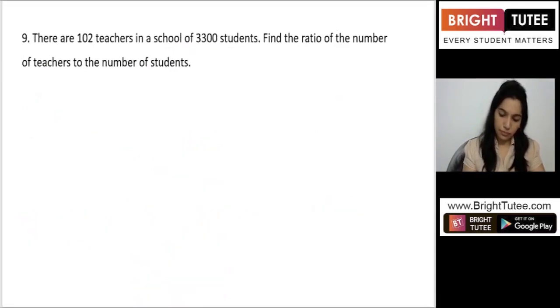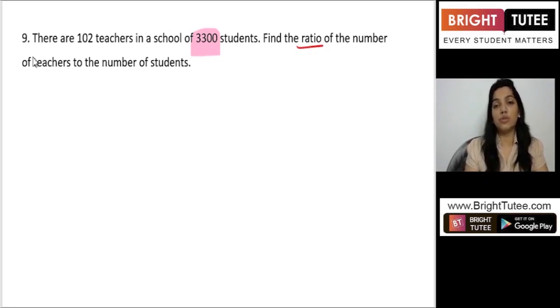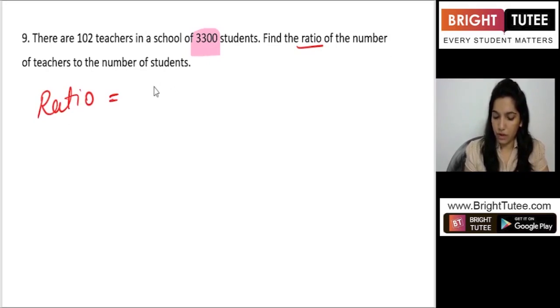Now here, let's do the ninth question. It says there are 102 teachers in a school that is having 3,300 students. What do we need to know? We need to know the ratio of the number of teachers to the number of students. So it is simple.